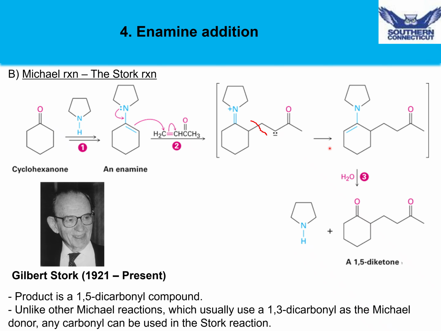When we add aqueous acid in the last step, it's actually the third step of this reaction, we're going to do a few things. Number one, we're going to protonate the carbon. So this carbon here will be protonated and it will become just a regular carbonyl. The iminium ion will be hydrolyzed into a carbonyl and a secondary amine.